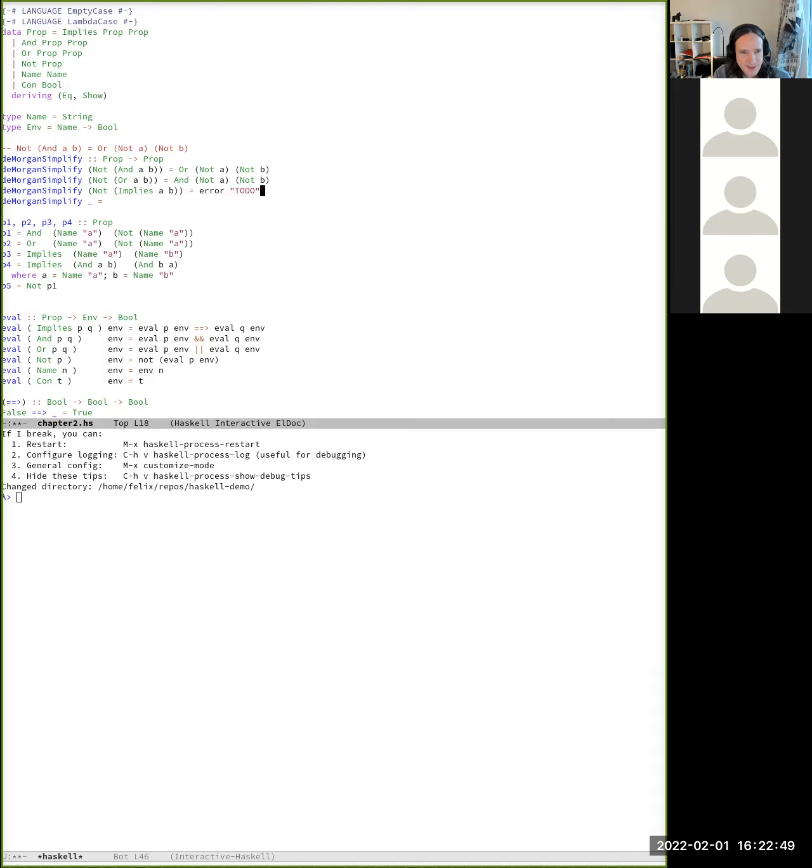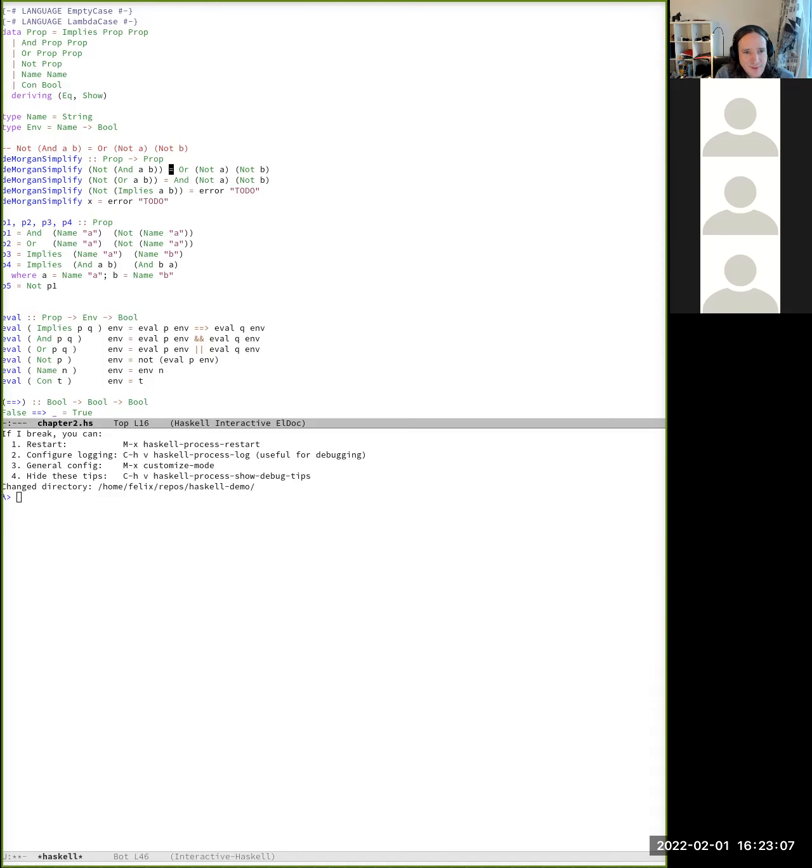Let's maybe push this error case down. Maybe I'm not actually doing Haskell here, so no, it should be okay. Yes, it's not A or B, so that's good.